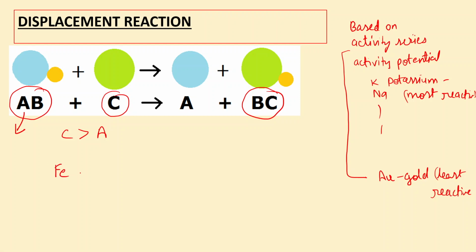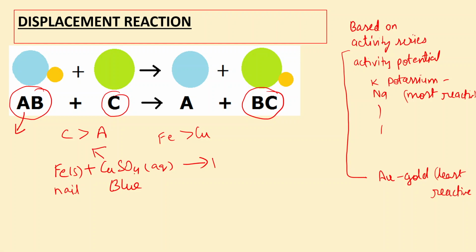For example, iron, which is solid, reacts with CuSO4, aqueous. This is blue in color. Iron can be taken in the form of a nail. What does it form? In this reaction, iron is more reactive than copper. So it displaces copper from the copper sulfate solution.